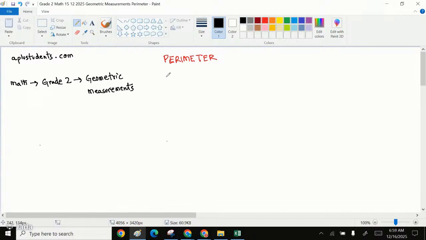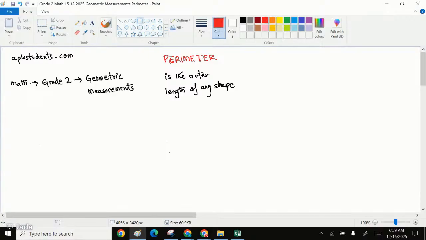Perimeter is the outer length of any shape, okay? Let's see if we have an example. It could be any shape. It could be a square, it could be a triangle, it could be a rectangle, okay?